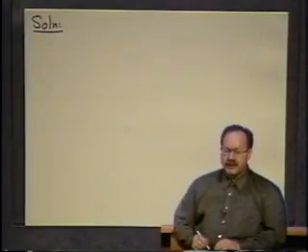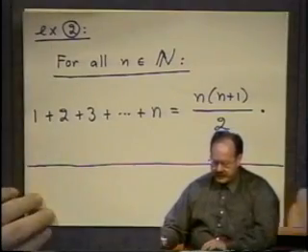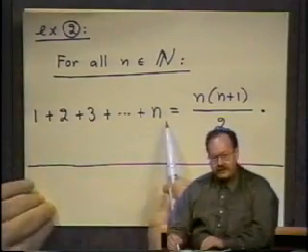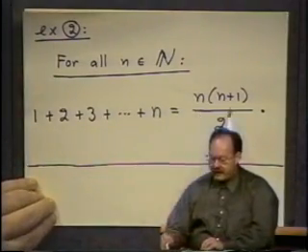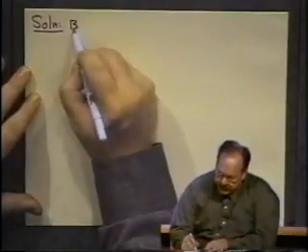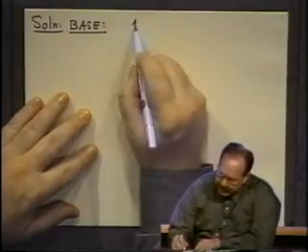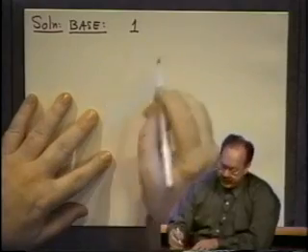Now the first thing we're going to do is look at the base. Here is the problem again. Here is the statement I'm trying to prove. Add up the first n numbers, and I hope to get n times n plus 1 over 2. So the base case here, which is always easy to do: how many numbers am I adding up on the left? Just 1, so that's just the number 1.